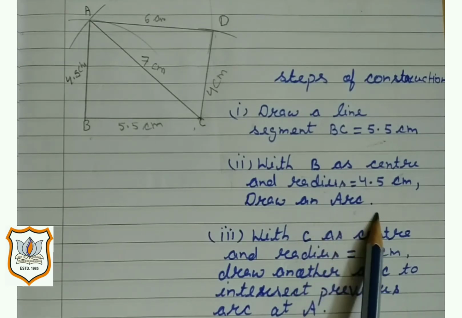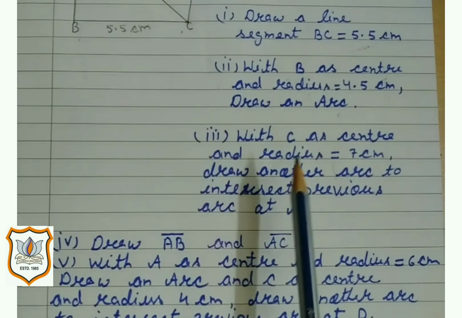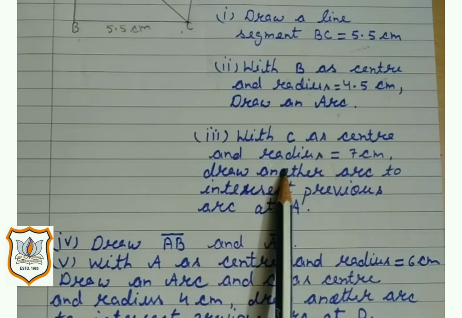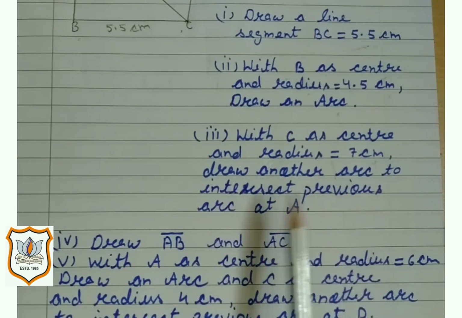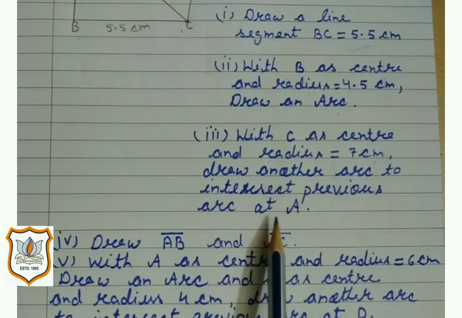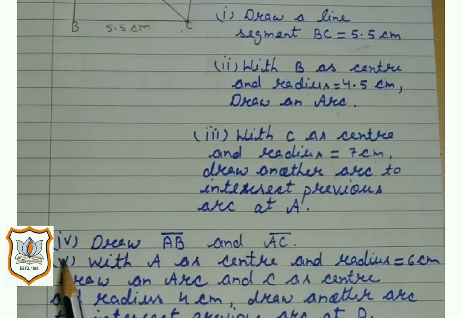Clear? So this is the second step. The third step is: with C as center and radius equal to 7 centimeter, draw another arc to intersect the previous arc at A. This is the third step. And the fourth step is: draw AB and AC.